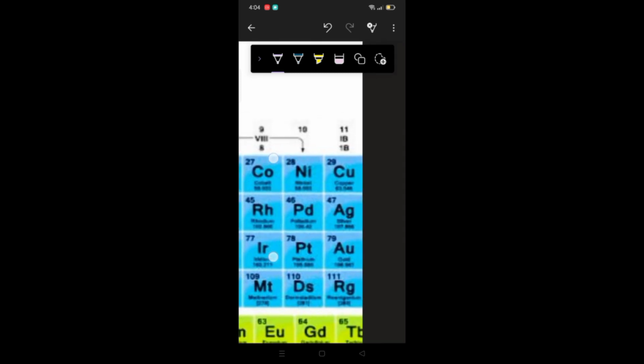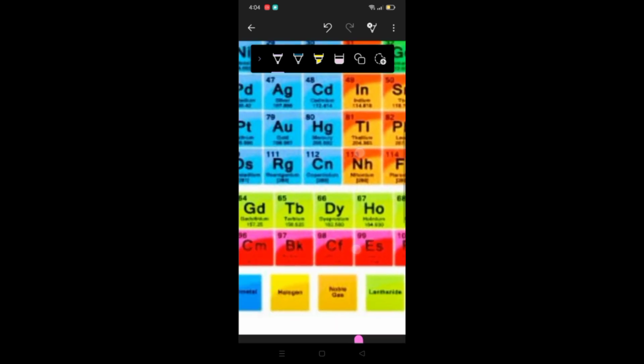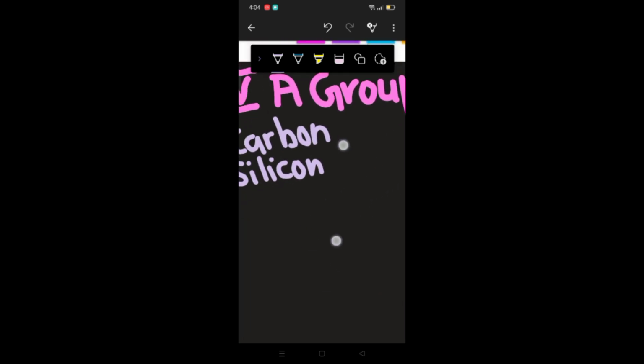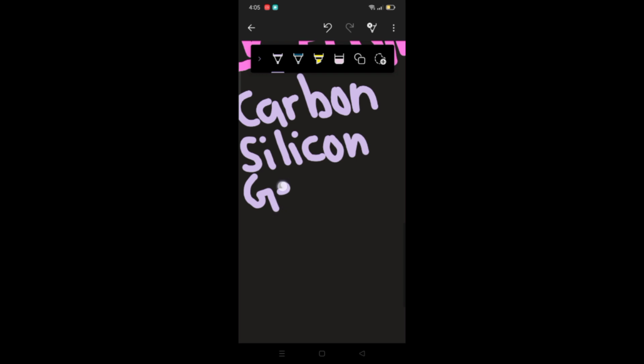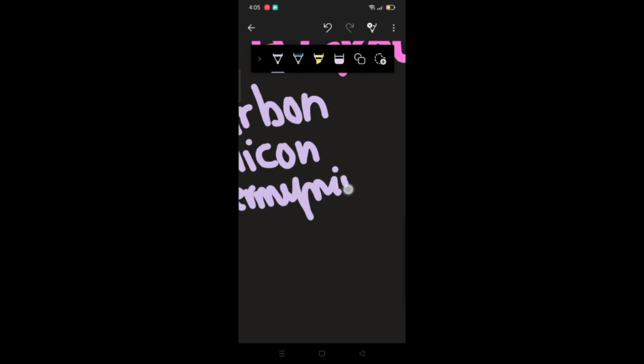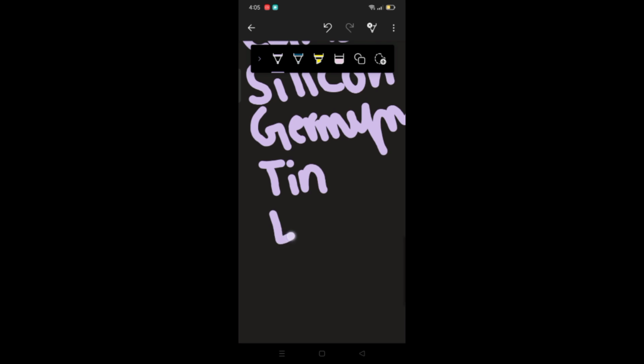The third element I have in the fourth A group is germanium, then tin. Germanium. Then I have tin. Then I have lead. Then I have flerovium.